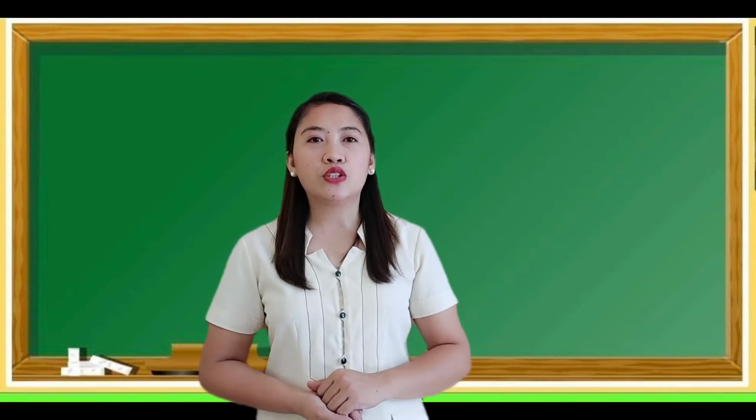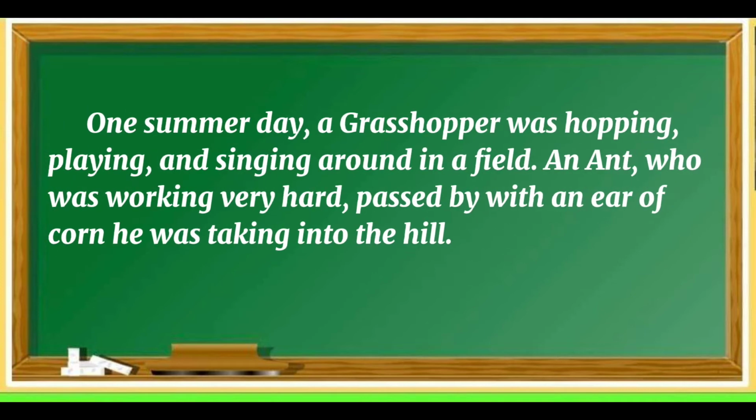Listen carefully so that you can answer the questions that follow. One summer day, a grasshopper was hopping, playing and singing around in a field. An ant who was working very hard passed by with an ear of corn he was taking into the hill.